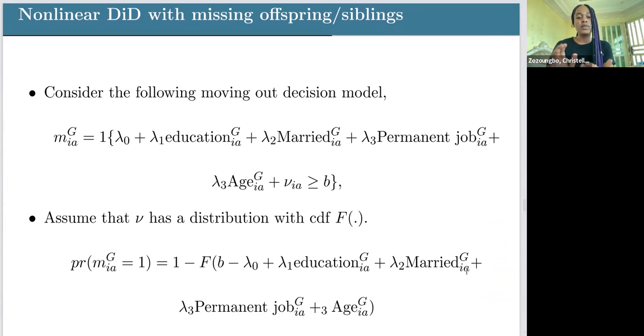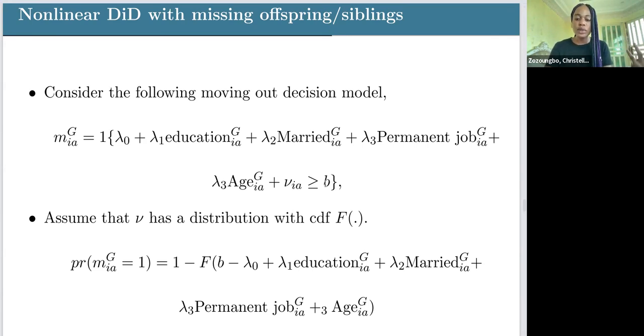And for that, the first step is considering this moving out decision model. So I presented a bunch of observed characteristics that will affect the moving out decision. In this equation, Mij is the moving out indicator for individual i in age range A and group G. So this will be one if this whole expression is larger than a certain threshold, like a usual selection model.